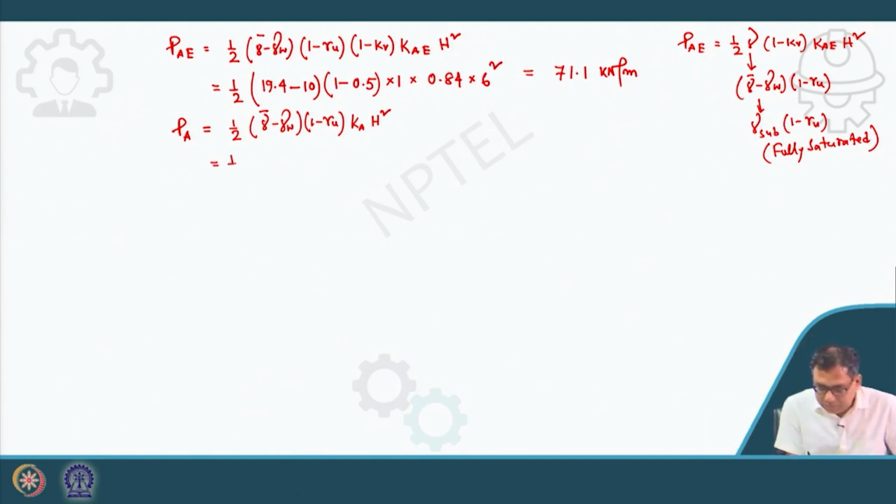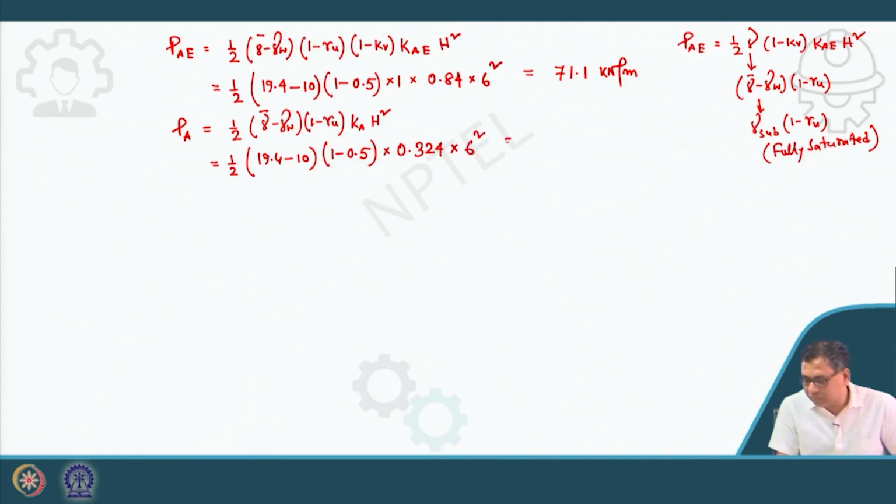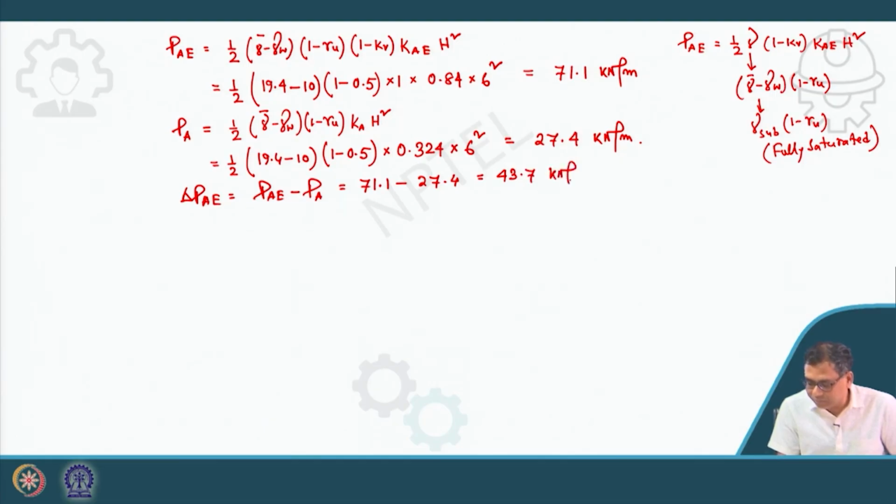So if I put this value, it will be half into 19.4 minus 10, 1 minus 0.5, Ka is 0.324 into 6 square. So this is 27.4 kilonewton per meter. So del PAE will be equal to PAE minus PA. So that is equal to 71.1 minus 27.4. This will be 43.7 kilonewton per meter.